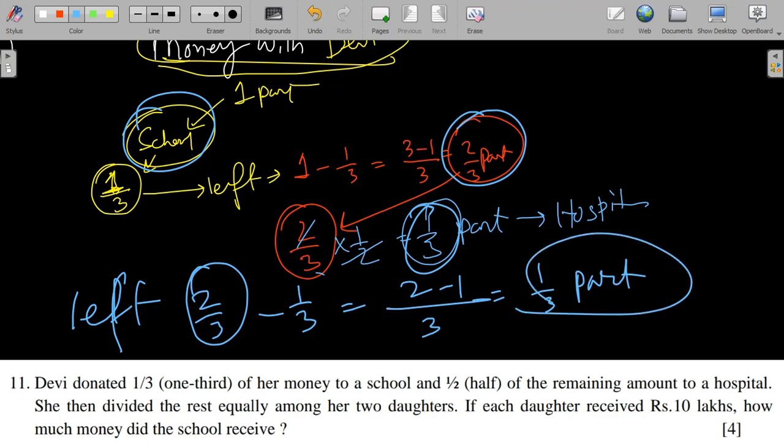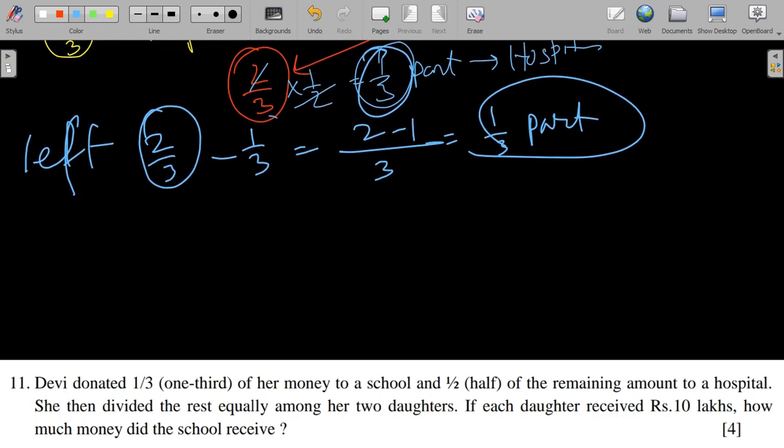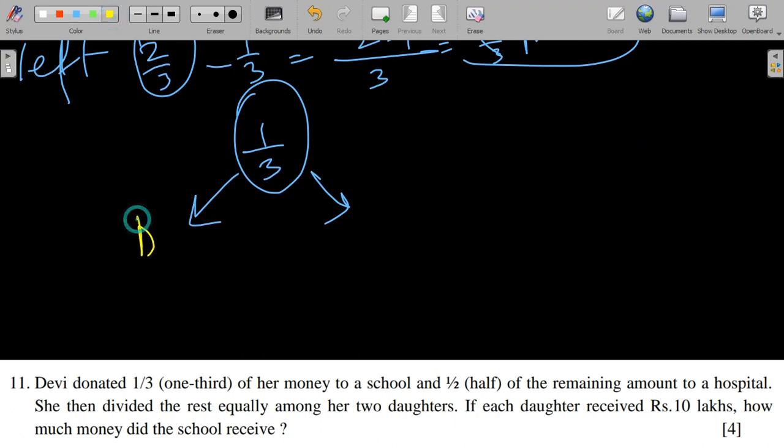Now what has she done? She divided the rest equally between her 2 daughters. So this 1/3 money that is still left is equally distributed to the 2 daughters, daughter 1 and daughter 2.